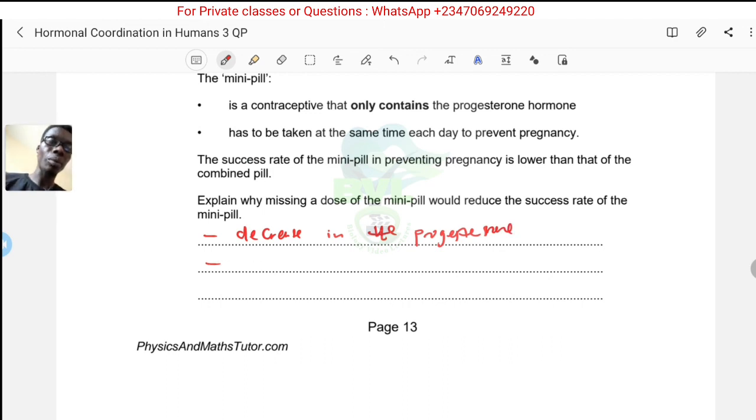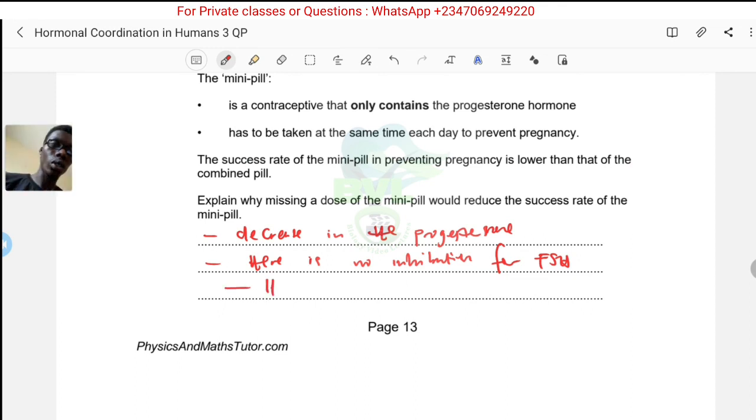For that reason, there is no inhibition. It means there's no stoppage for FSH. So when progesterone is high, FSH will be lowered.